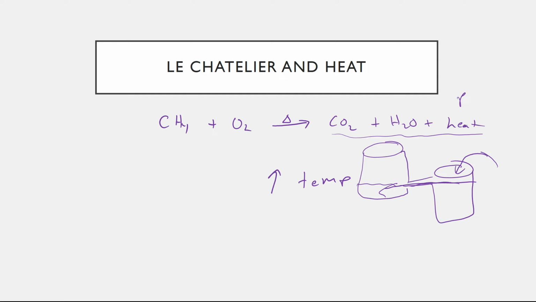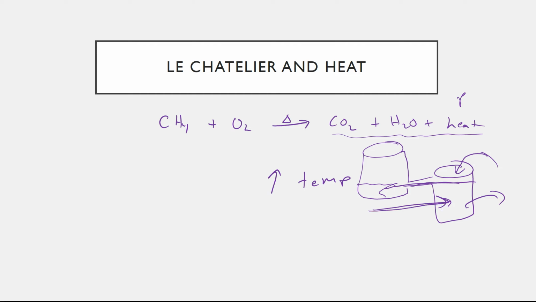Okay? So heat, we're going to treat just like the concentration. If the heat's on the right, we're going to treat it as part of the contents of the bucket on the right. And so if I were to cool this system off, right, I would then push the system back this way because that would be like removing stuff from that bucket. So if I took stuff out of this bucket, we're going to shift our position back that way, right?